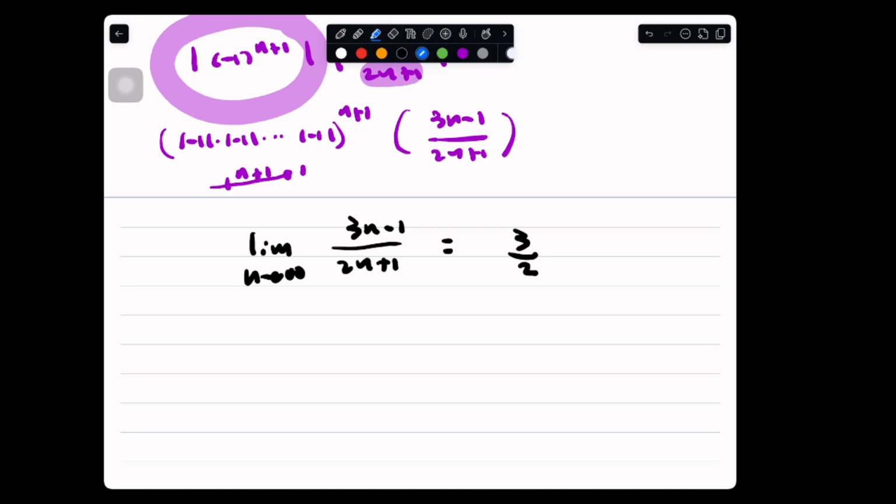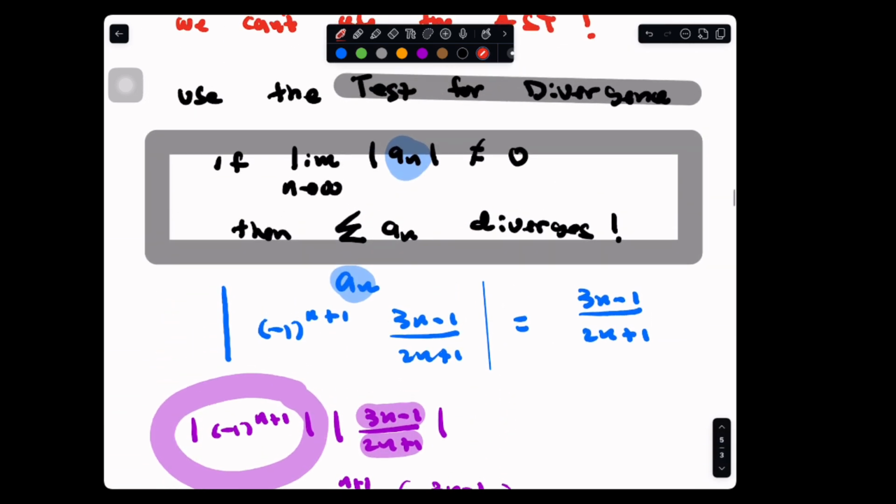You say, how many times have you had to see this in calculus 1? This is a calculus 1 approach. You'll find that that limit is 3 halves. And is that not equal to 0? Keep in mind, what are we using?